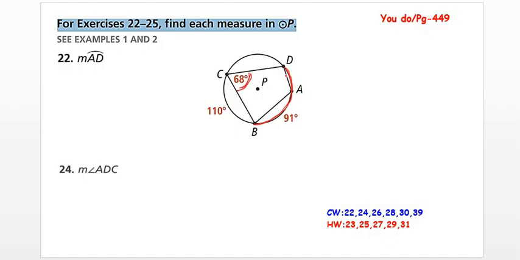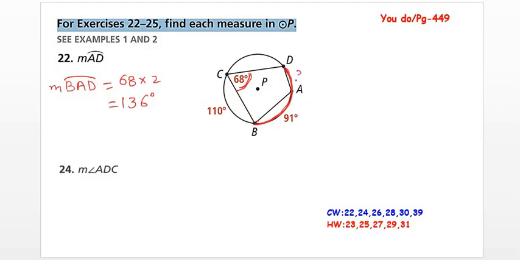Because the arc is always 2 times this angle 68, I can first find the measurement of arc BAD, this whole arc. It's going to be 68 times 2, that is 136 degrees. So this whole arc is 136 degrees.